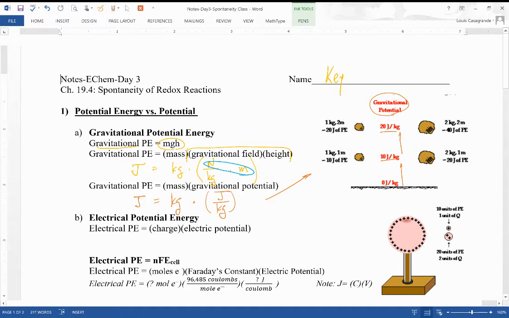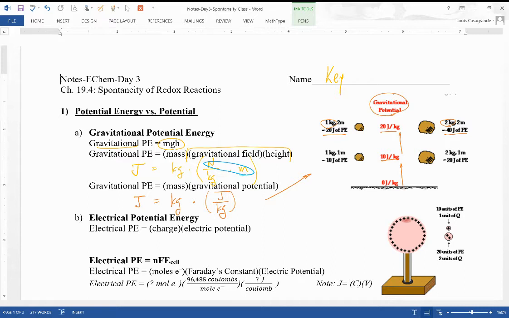On the left, we see a rock that has a mass of 1 kilogram at a height of 2 meters. It has a gravitational potential of negative 20 joules. If we double the mass to 2 kilograms, we're going to double the potential energy, and that's going to be 40 joules.